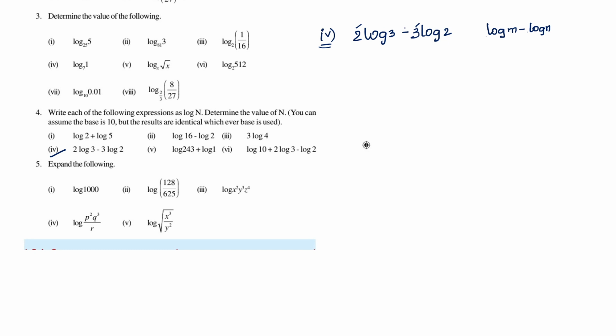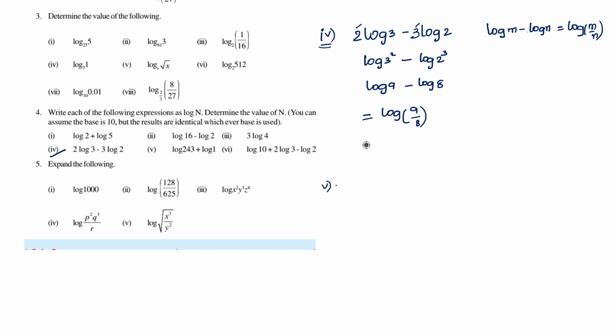So we have to send these numbers to the powers. So that will become log 3 square minus log 2 cube. Log 3 square is log 9, and log 2 cube is log 8. So that will become log 9 minus log 8. Now it is in the form of log m minus log n, that will become log m by n. So it is given by log 9 by 8.